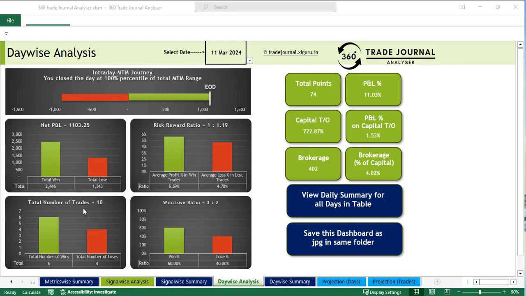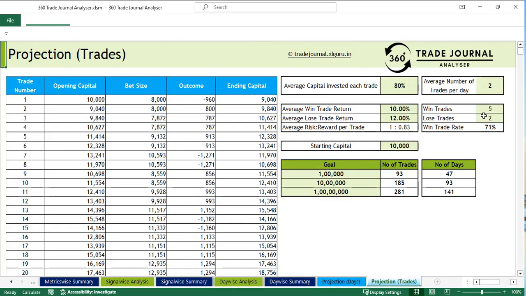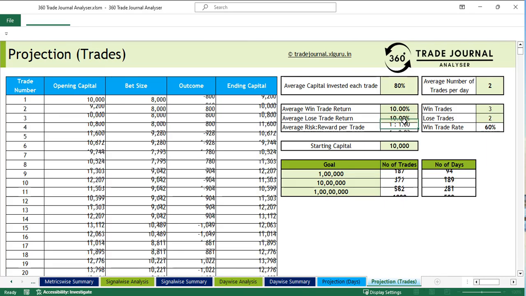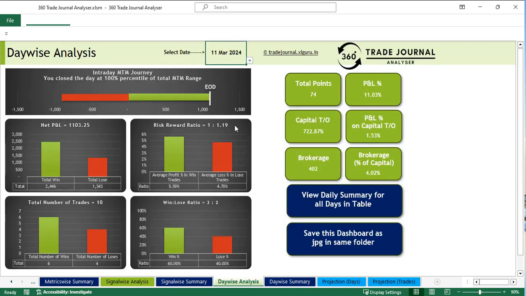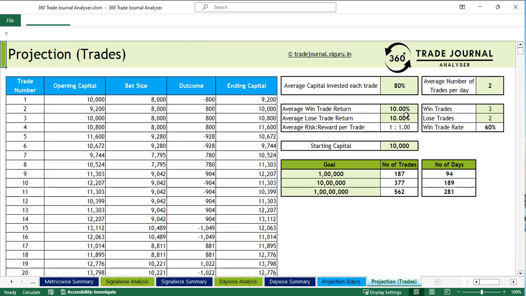So once you know your daily performance on average, you can put it in here. Like, if my win ratio is 3 is to 2, that is 60% win ratio, and I will just say 1 is to 1, maybe, let's see. Yeah, it's actually 1 is to 1.19.